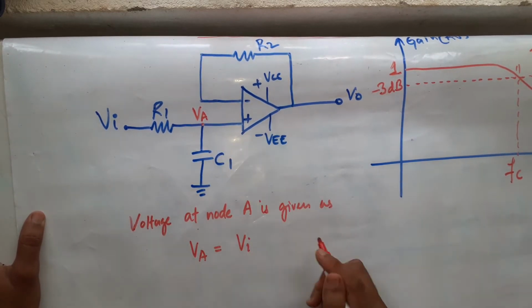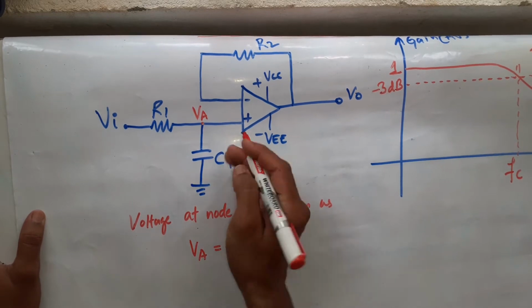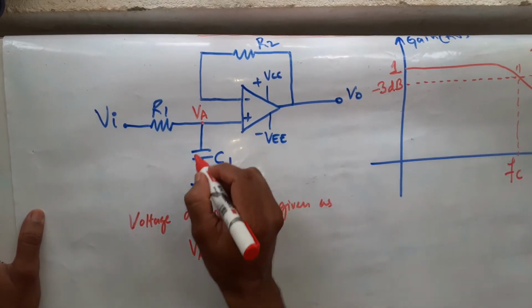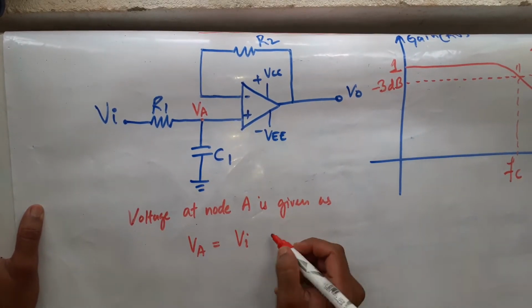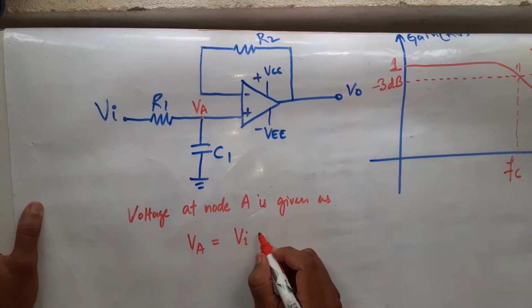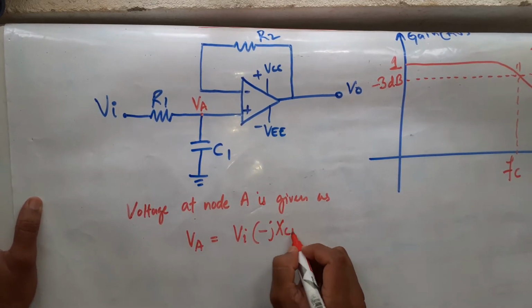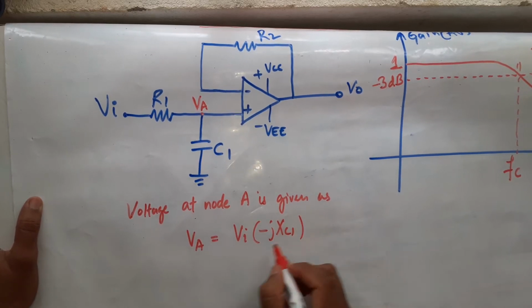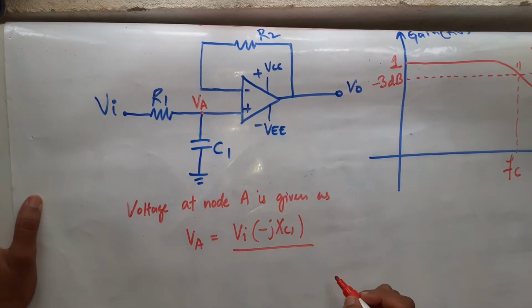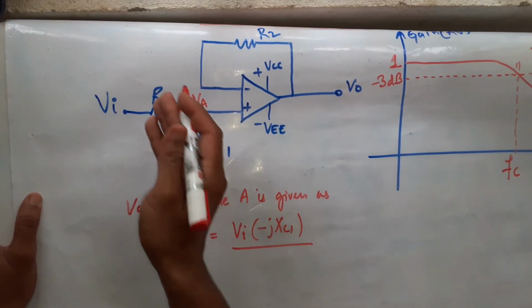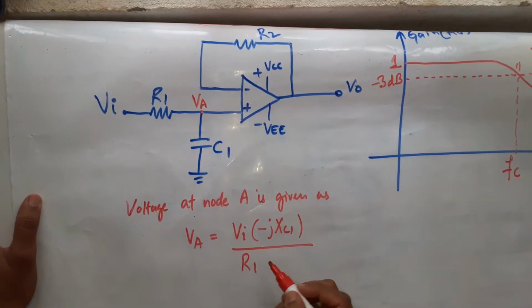And its present impedances, here only we have capacitance, right? So how to write here? For the capacitance, remember my previous classes, minus j XC1, minus j XC1 whole divided by total impedance. That is, on the opposite branch we have R1 plus minus j XC1, right?